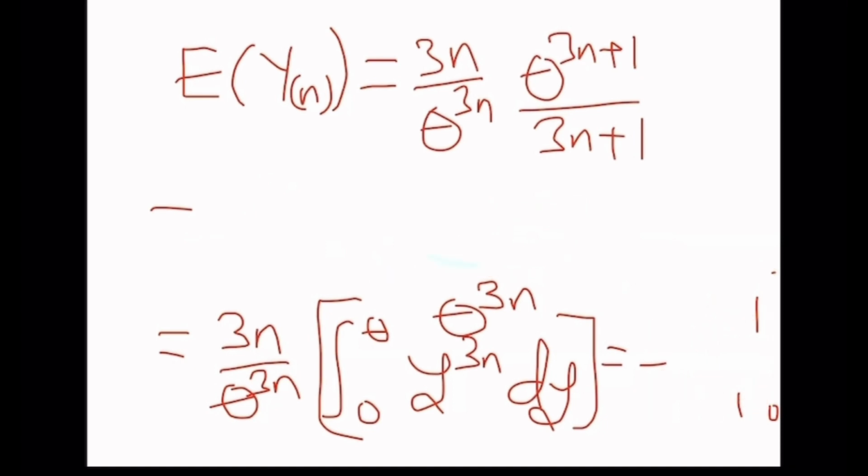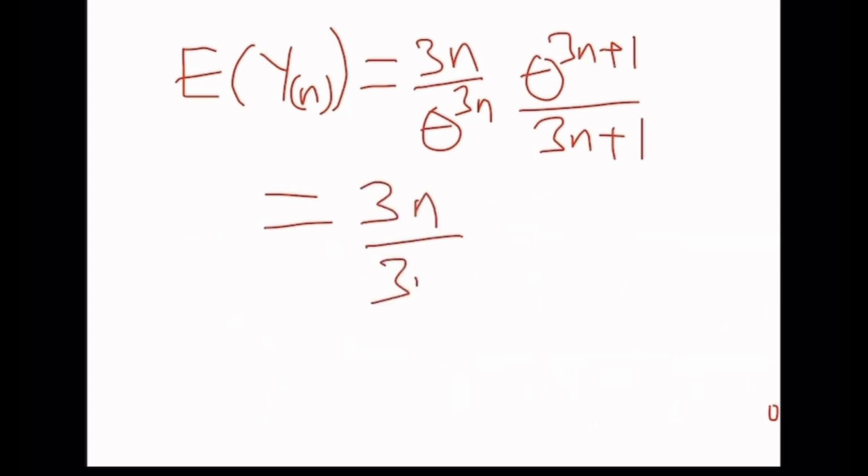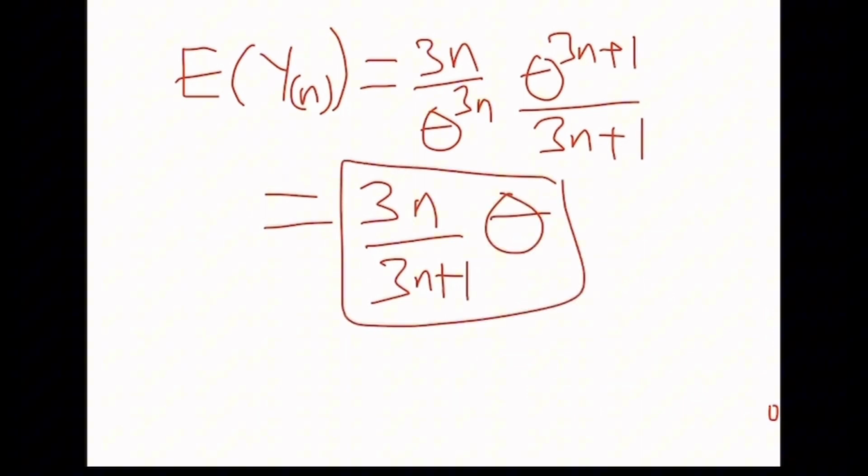We want to have an algebraic simplification of this. When you simplify that, you're going to get 3n divided by 3n plus 1 times theta. Now we can begin to talk about this.